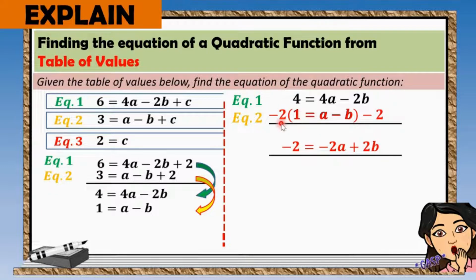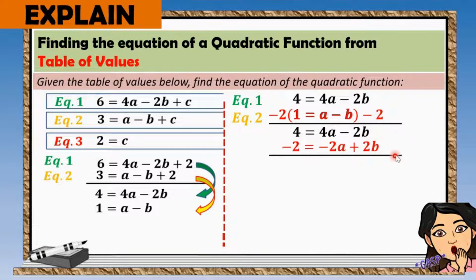To simplify this, we have negative 2 times 1 is negative 2. Negative 2 times a is negative 2a. Negative 2 times negative b is positive 2b. So, ito na yung bagong equation 2 natin. Then, just copy equation 1: 4 equals 4a minus 2b.